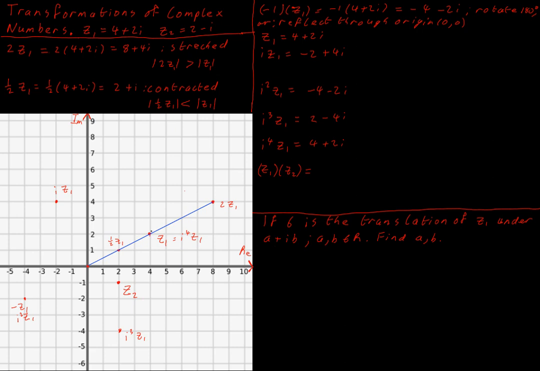Well, can we note what is happening as we multiply by i each time? We might be able to see that we are going around the origin. We are rotating around the origin by 90 degrees each time. If I draw in my lines now, so if I draw in my blue line here, I can now see it more easily.